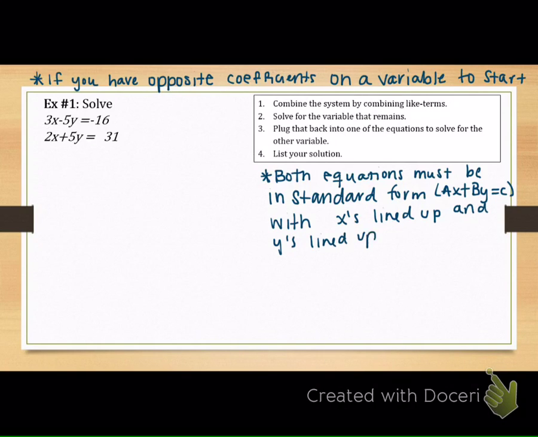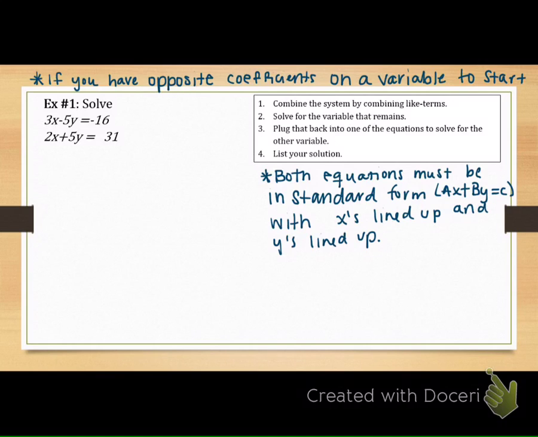So if I don't give you x and y, if it's a and b, you want your a's lined up and your b's lined up. So notice your x's are lined up here, your y's are lined up there. If it was like M and N, you'd want your M's lined up and your N's lined up. So if they're not lined up correctly, make sure you get them that way first.